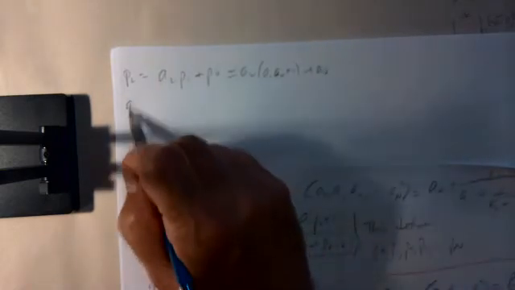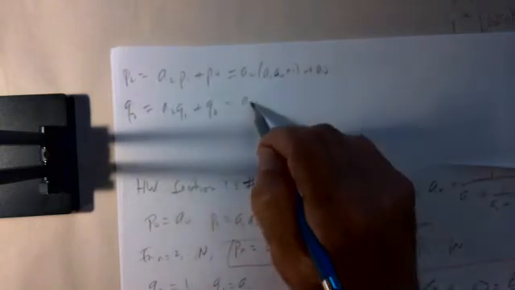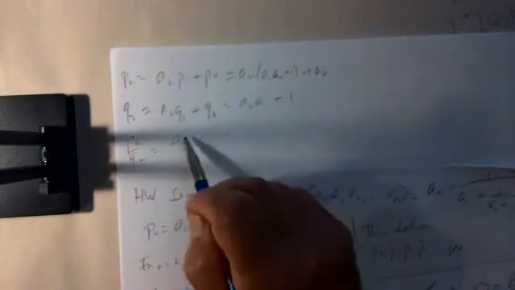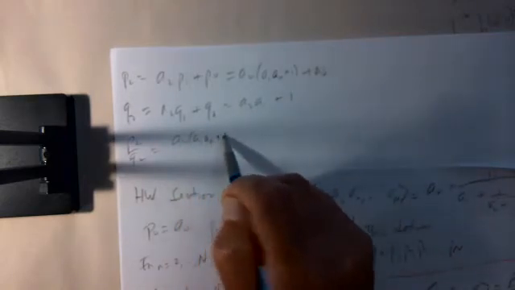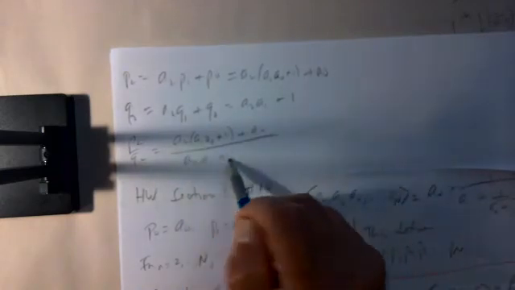And P0 is A0. And Q2 is A2 Q1 plus Q0. Q1 is A1 and Q0 is 1. So P2 over Q2 is this. Let me just keep it in that form. (A2 (A1 A0 plus 1) plus A0) over (A2 A1 plus 1).